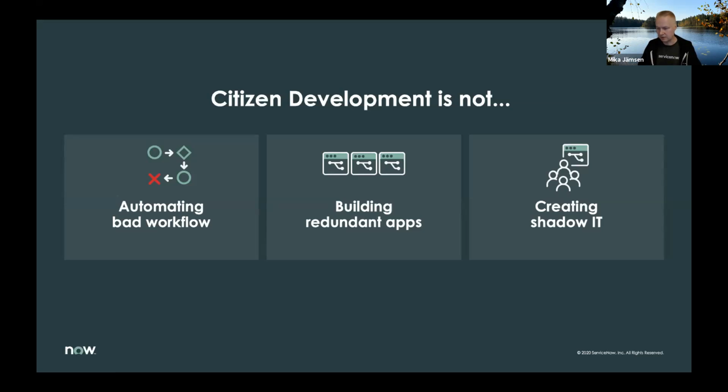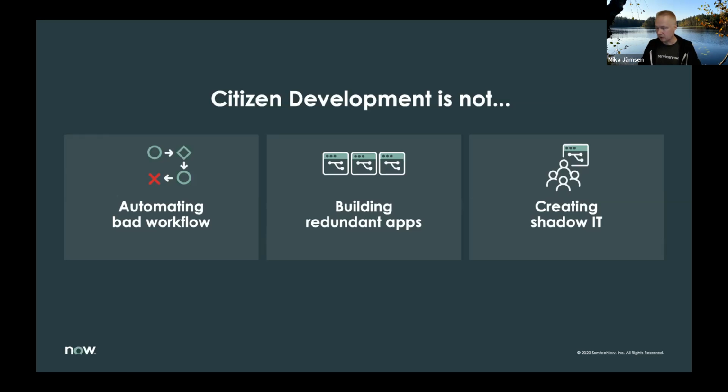So that's our aim. It's also not about building redundant applications. So we don't want to have different departments developing the same application over and over again for the same purpose. So that's something that we want to avoid with the governance model that I will talk about soon.